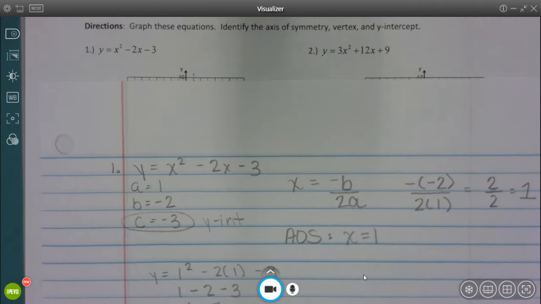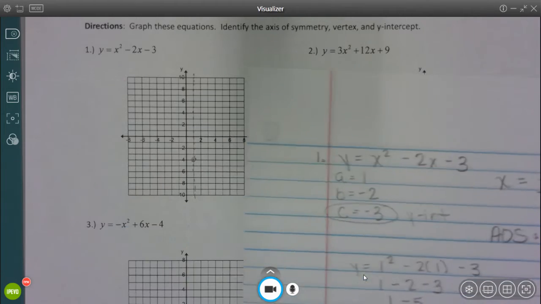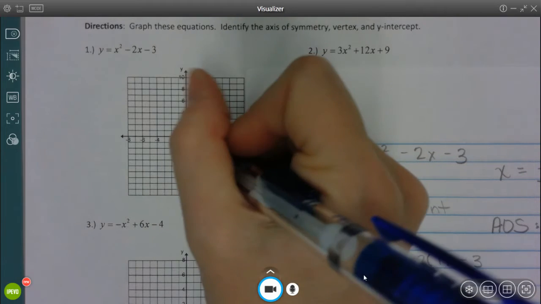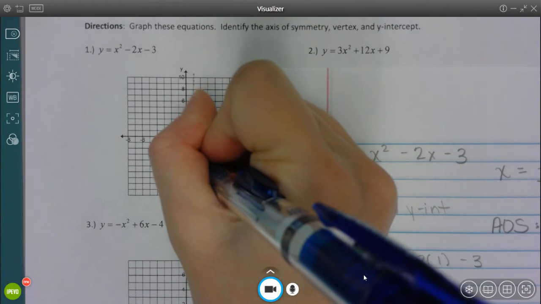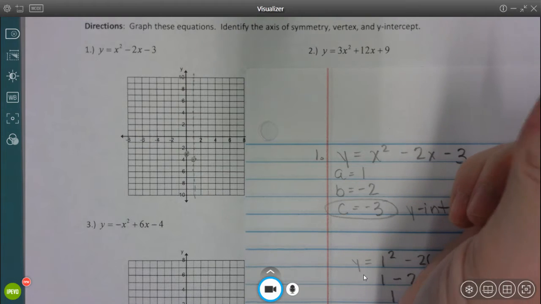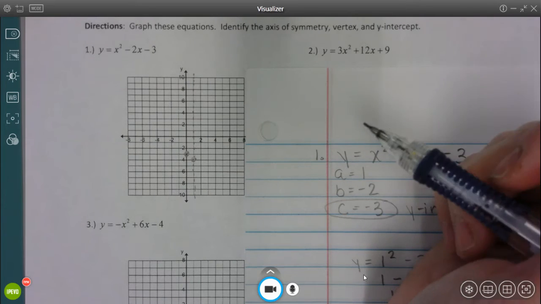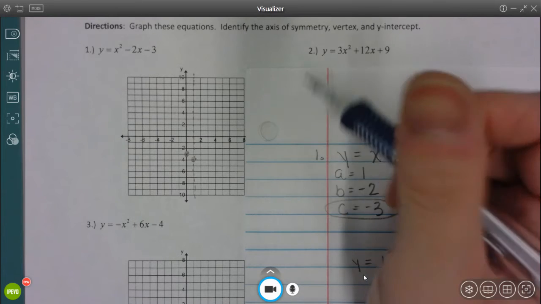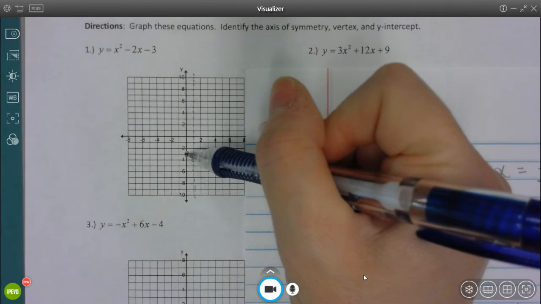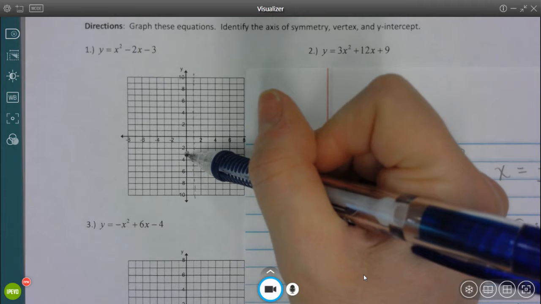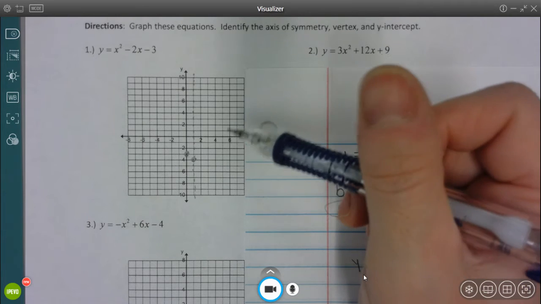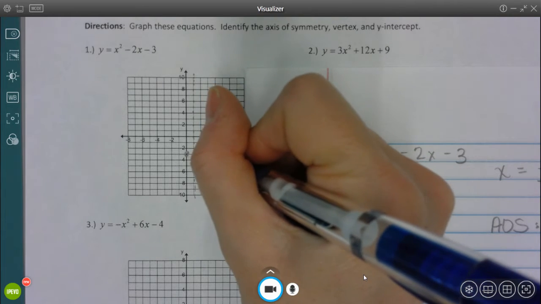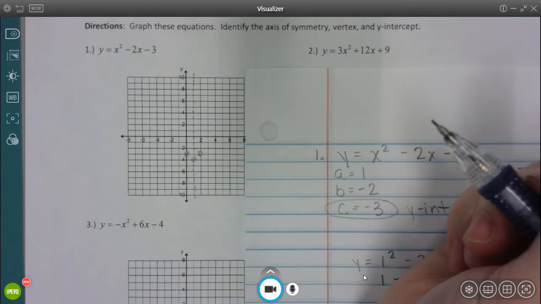So I can graph the point 0, -3, which would be right here. Now, because of the symmetrical properties that a quadratic has, I can reflect this point over the axis of symmetry and get a point on the other side that I can use.